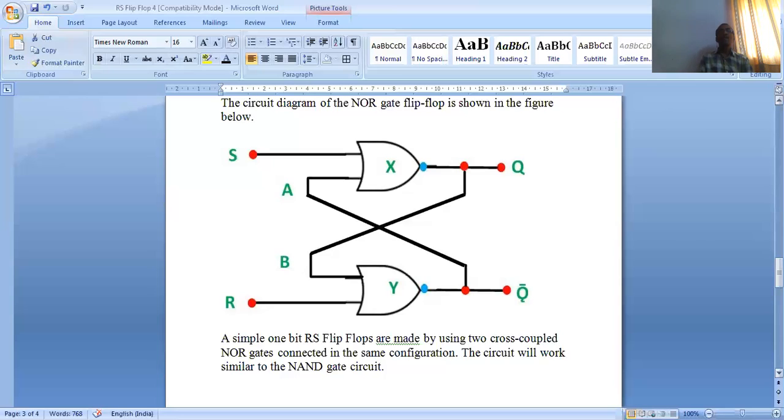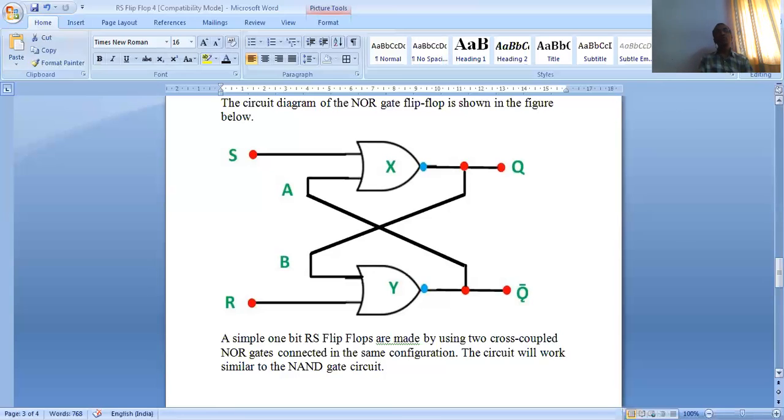Okay. This one is connected to the upper NOR gate X. This Q bar is connected as input A to the upper NOR gate.